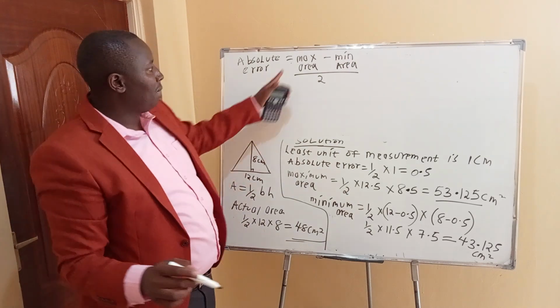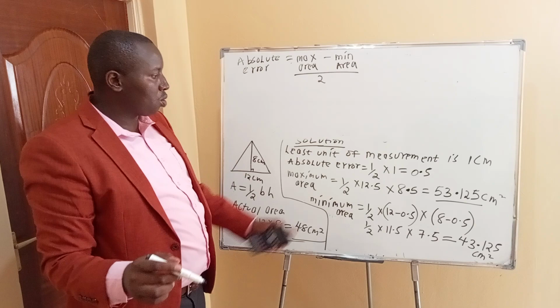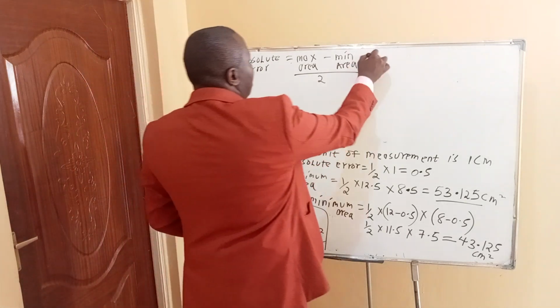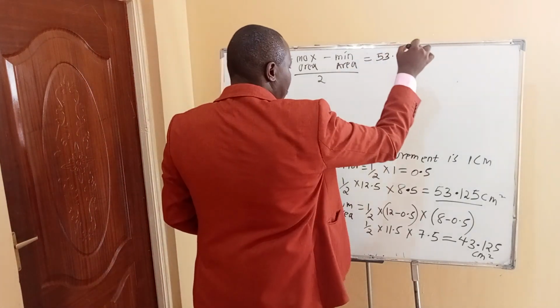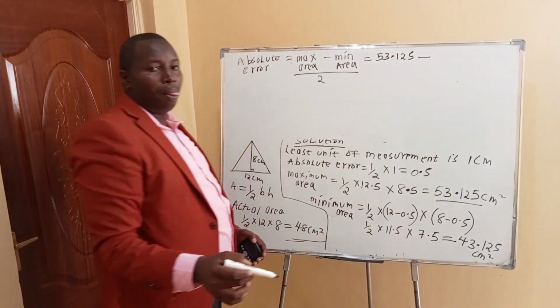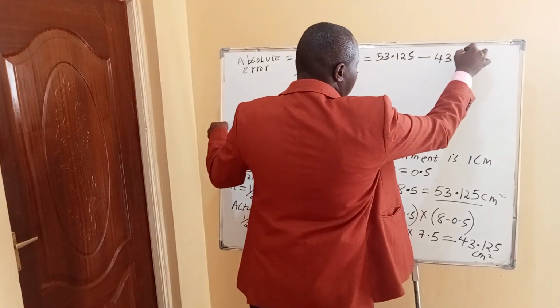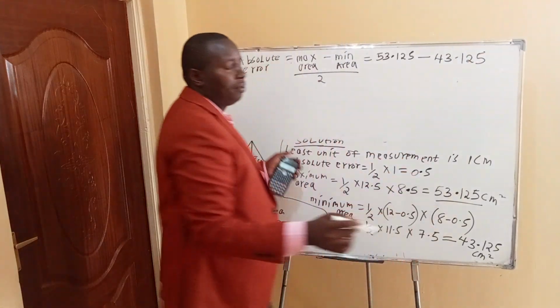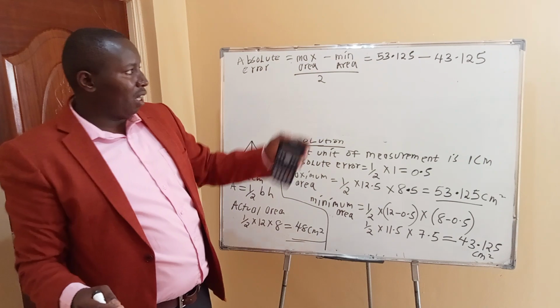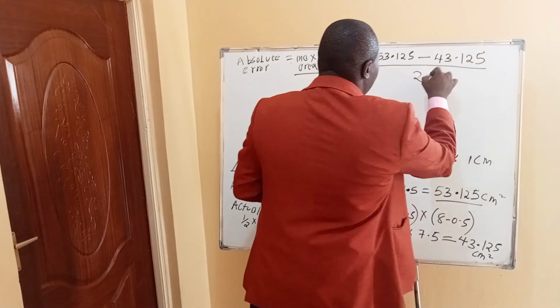Our maximum is 53.125 centimeters squared and the minimum is 43.125.